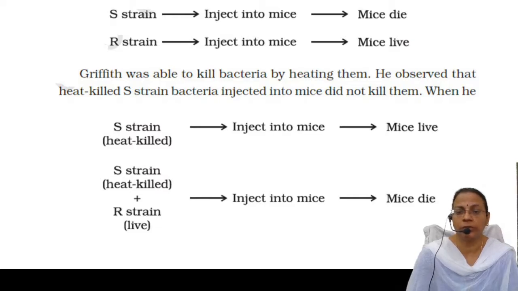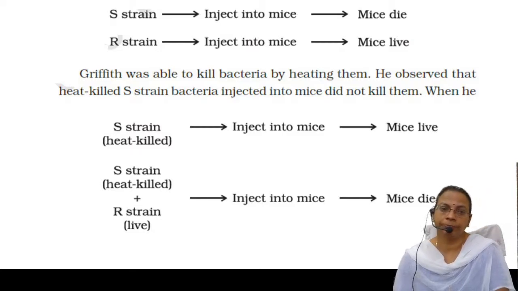From that he concluded that by the application of heat, the material which caused the disease is destroyed, and that is why the mouse was able to survive even after injecting the heat killed S strain. Simultaneously, he also injected the heat killed R strain into mice, and there also the mouse survived.